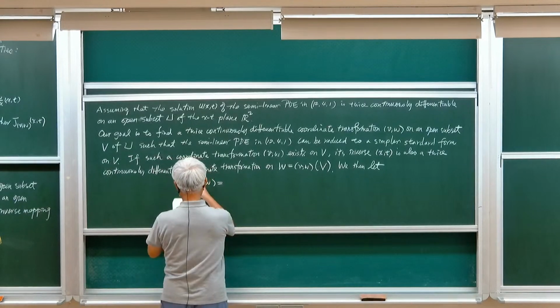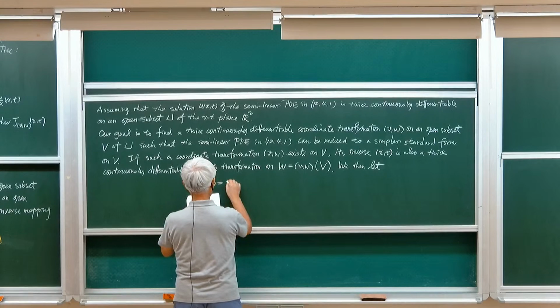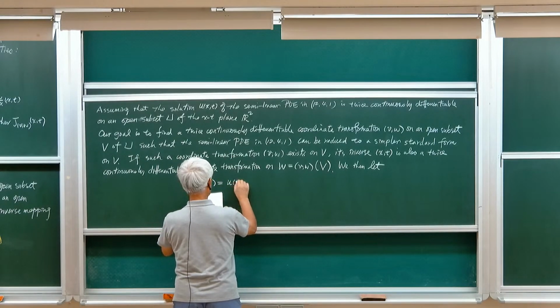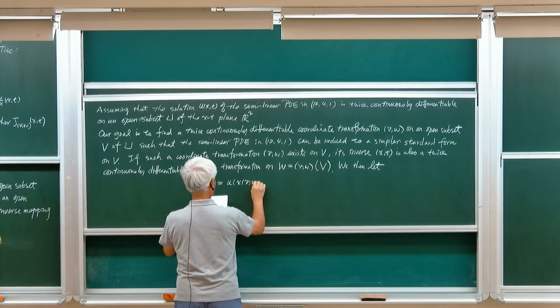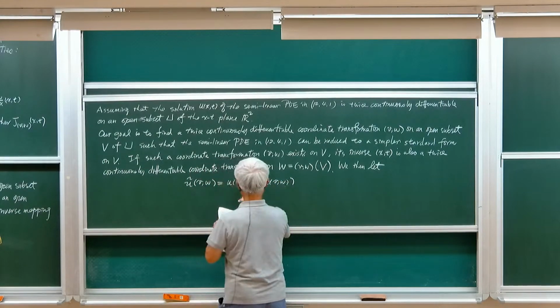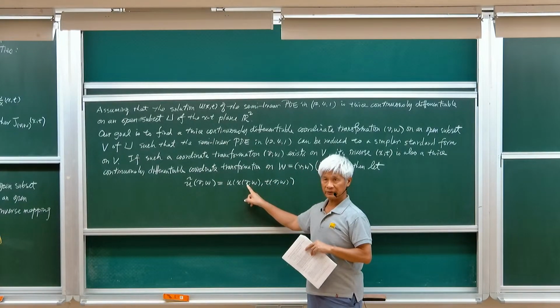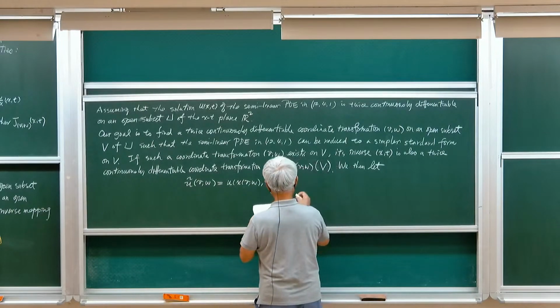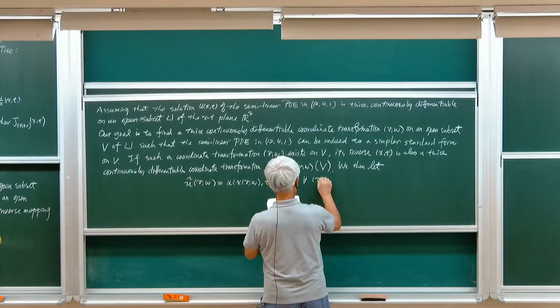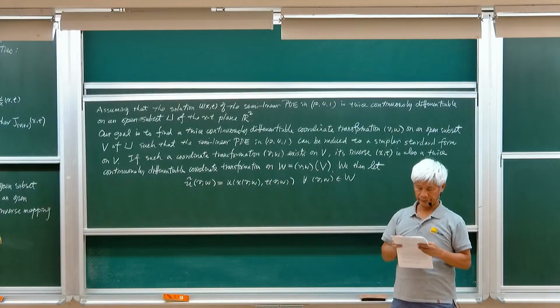Okay, we call this U tilde, and the U tilde is actually, so we use the inverse coordinate transform xt, right? So the x and t coordinates can be obtained from the new VW coordinates. Okay. So that we have that for all points in W.